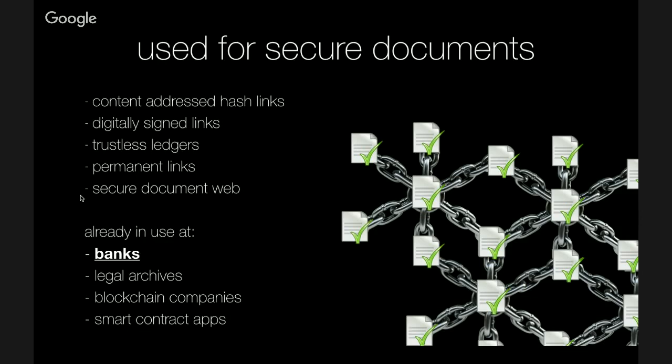So there's a few sites that are theoretically storing stuff on blockchains, but the data is not on the blockchain. The data is on IPFS, and they just store the hash, the link to IPFS, in the blockchain. And people are already using it at various places like this. So it's already in use in banks, legal archives, blockchain people and smart contracts and so on. So this is, I think, probably one of the use cases that you care about.